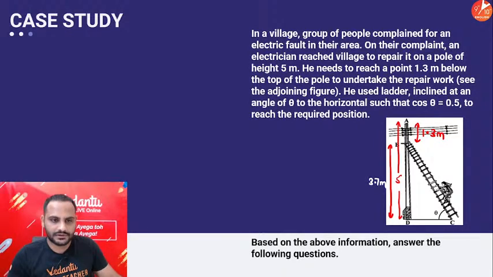Okay? Second thing, next what it is saying. Then they are saying he used a ladder inclined at an angle of theta such that cos theta is 0.5 to reach the required position. Okay? They have also given one thing, cos theta is equal to half, 0.5. So cos theta is a half.